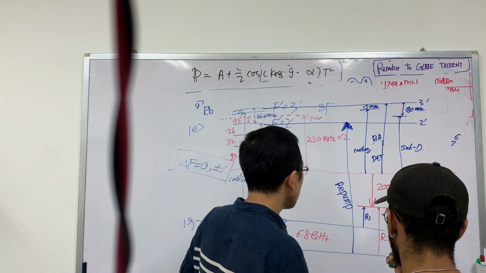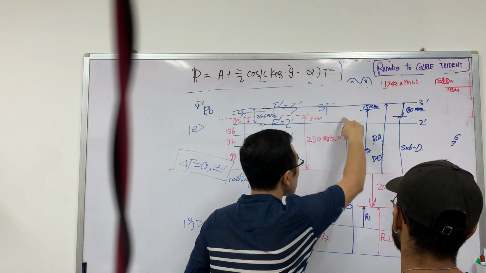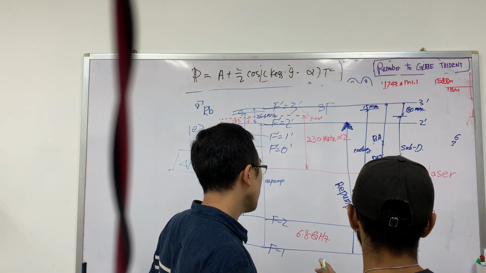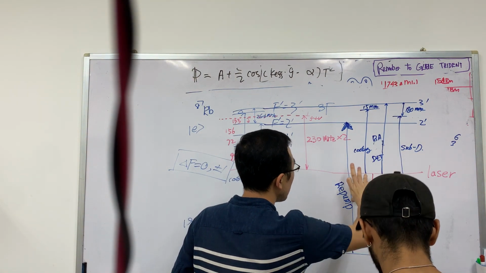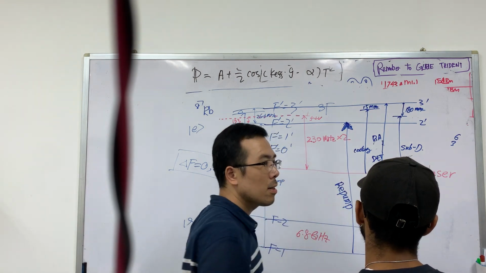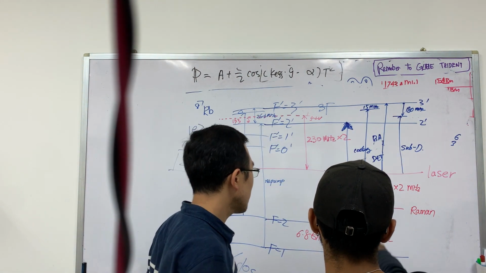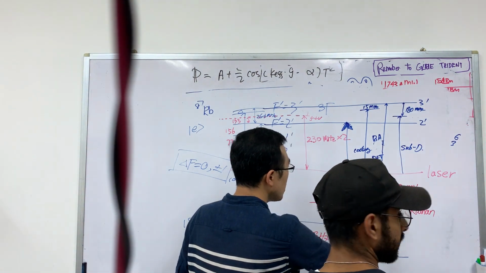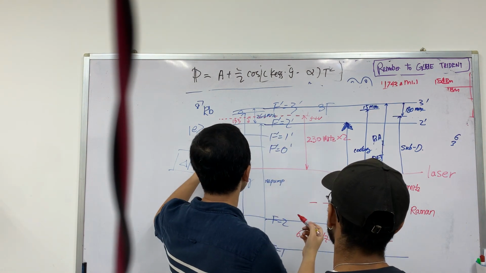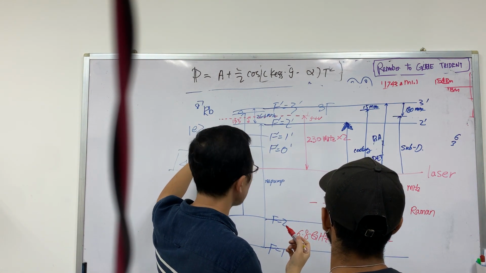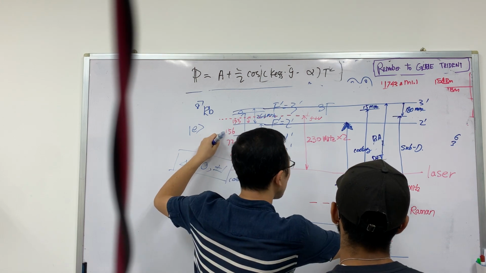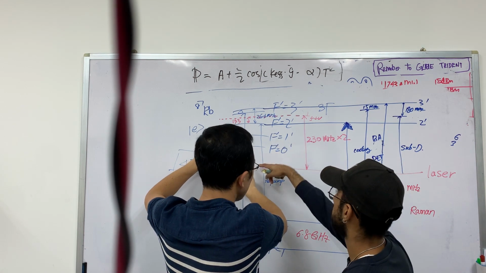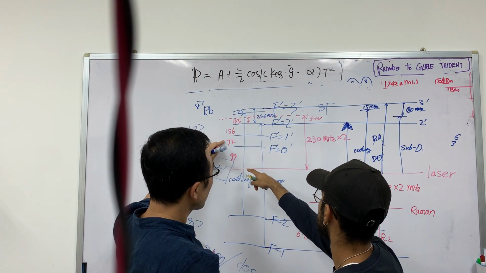How to get from this to this? You need to plus this much and this much. Yes. Let's see what is the difference. This is 200, and this is 99 plus 72 plus 156. So this is 400. This is 500. This is 61, right?